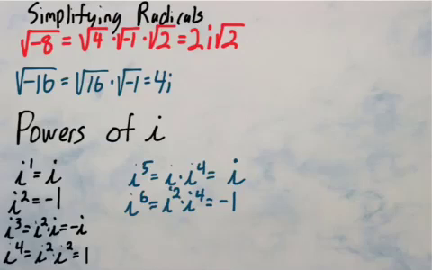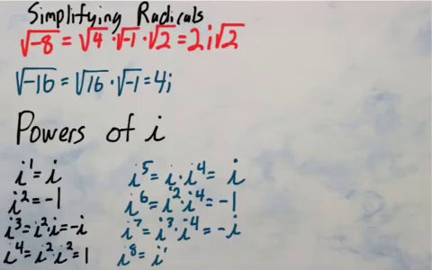And we could pair these in any way that you want to, which just comes out to the negative 1. And i to the seventh would be i cubed times i to the fourth, which is negative i times 1, which is negative i. And i to the eighth is i to the fourth times i to the fourth. 1 times 1 would be 1.